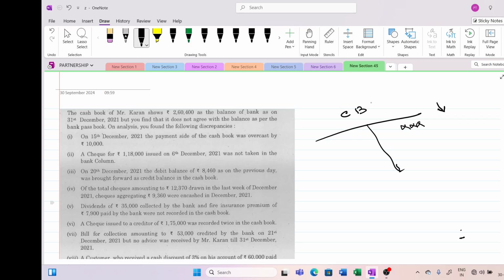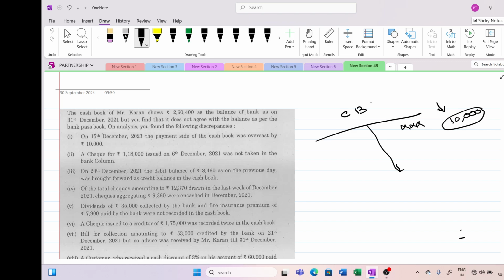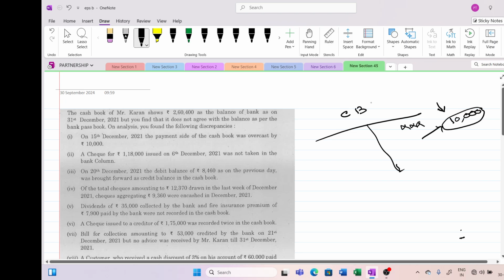You have overcast. Overcast, you can take it as that you have written one more 10,000. So you have decreased the balance by 10,000. But this would not have been done in the bank book, because they would have totaled correctly. Cast means totaling. You have totaled 10,000 more. So you take it as that you have written something 10,000 more.